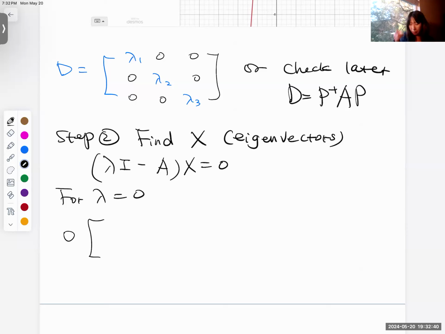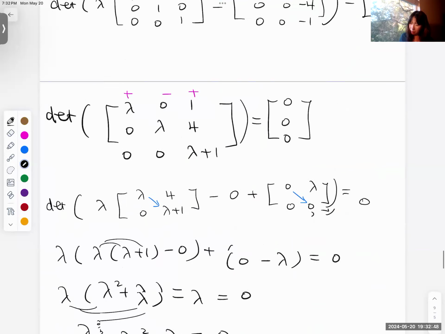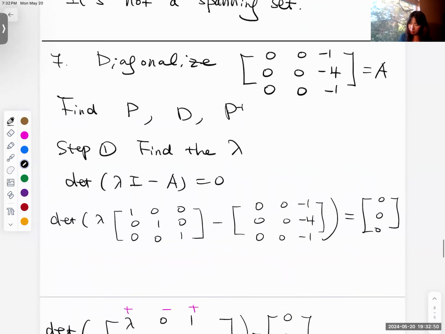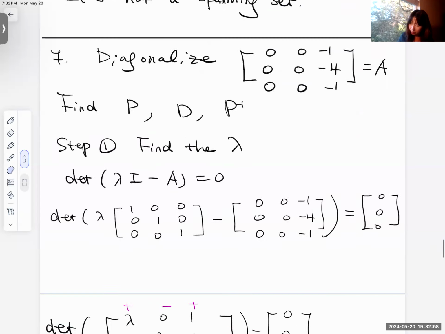Everything is 0, right? So minus A is this.